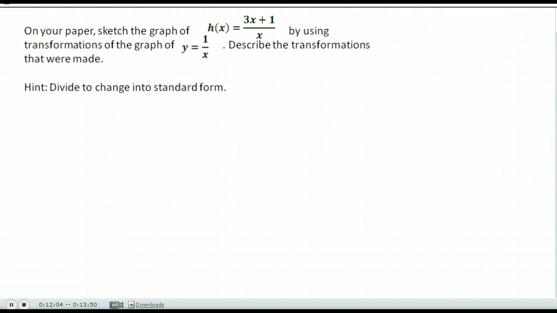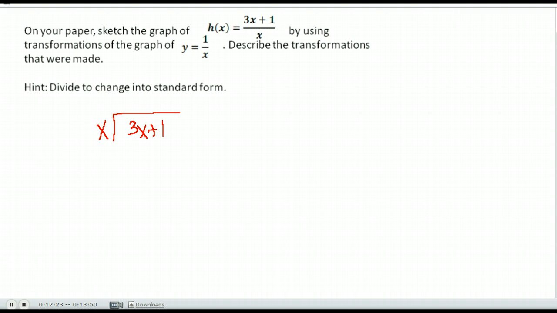Last problem, I promise. So again, they want us to do the same thing. They want us to see the transformations, but it has to be in standard form first, meaning it can only have x's in the denominator to the first power and no x's in the top. So we divide.